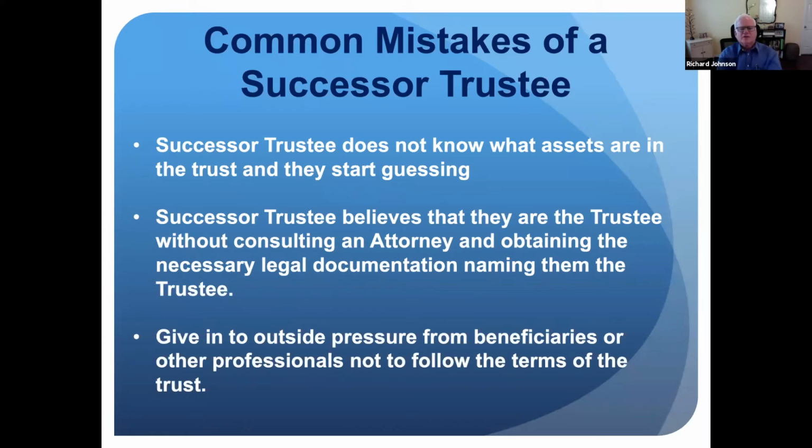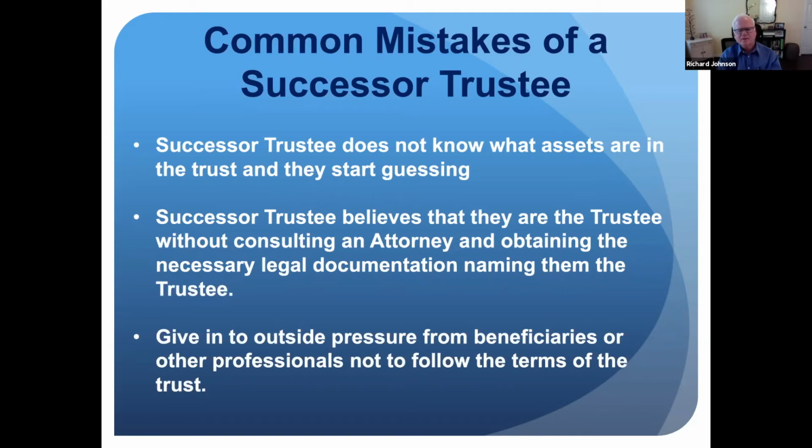The successor trustee believes that they're the trustee without consulting an attorney, without obtaining the necessary legal documentation. Somebody is named as a trustee, a son or daughter is named as a trustee, and they think they're the trustee. Well, no, they're named in the document as trustee, but they haven't become the trustee.